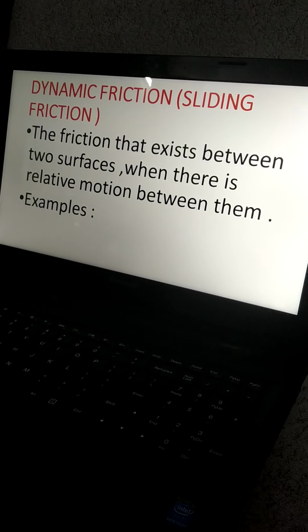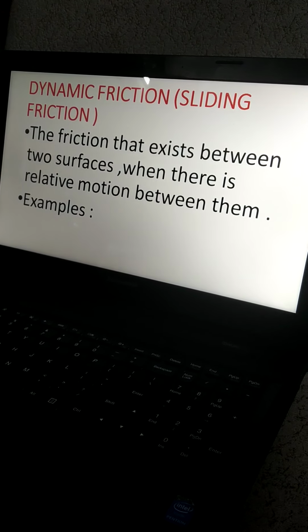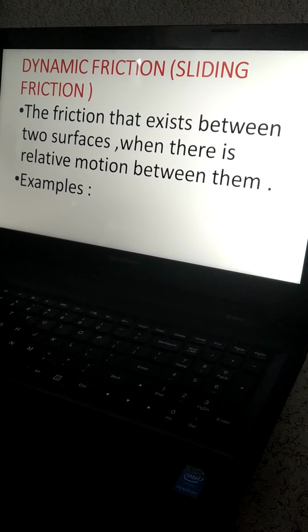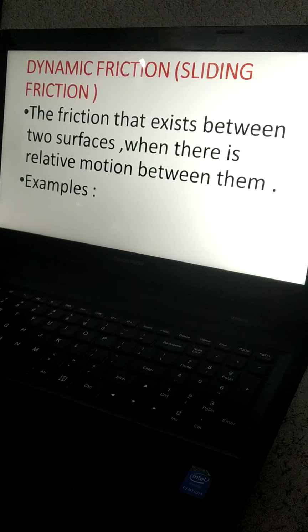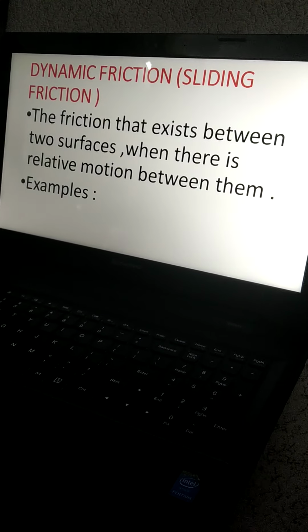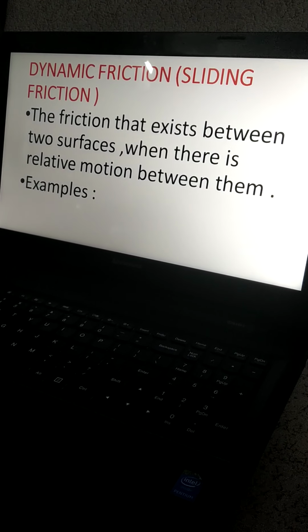In your book it is sliding friction. In some other books they write kinetic friction. All the same. Here what is happening? Either both the surfaces or any one of the surfaces is in motion. Come back. You can very well recall the examples for dynamic friction.